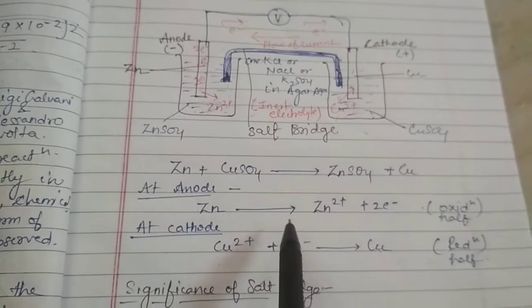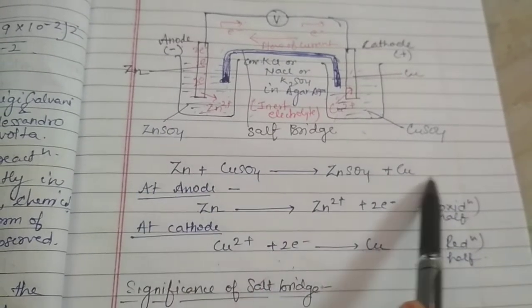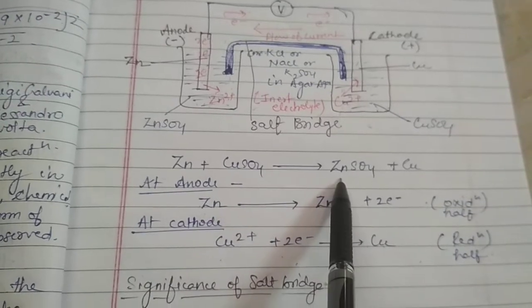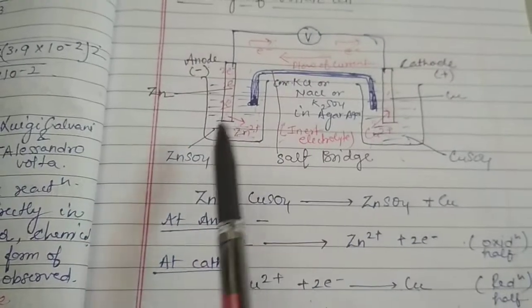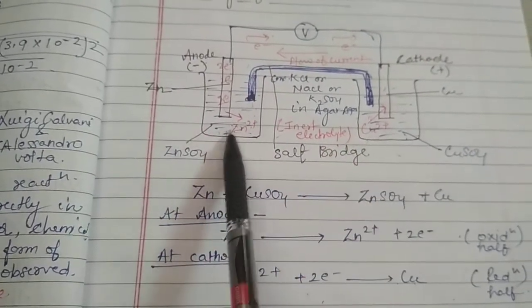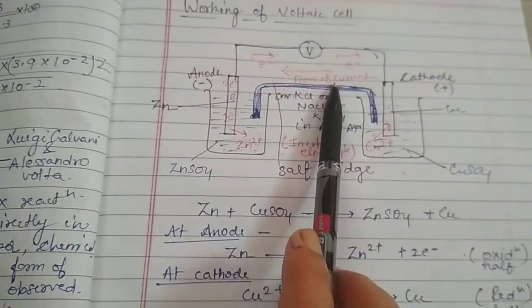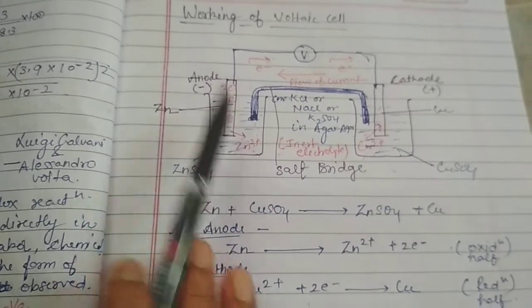One is the oxidation half reaction and the other is the reduction half reaction, that form the overall cell reaction: Zn plus copper sulfate gives ZnSO4 plus copper. Like this we can convert the chemical energy of a spontaneous redox reaction to electrical energy, and this is the working of the voltaic cell.